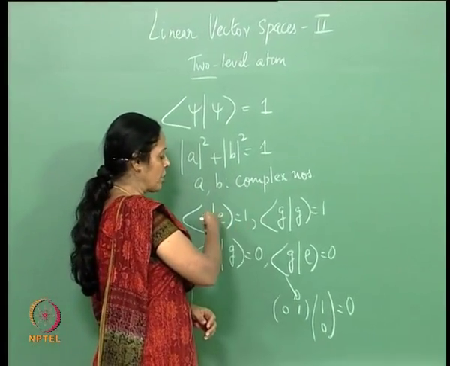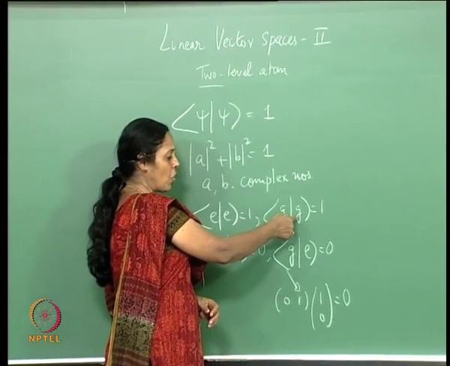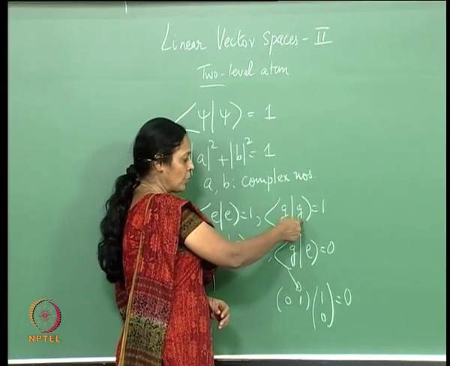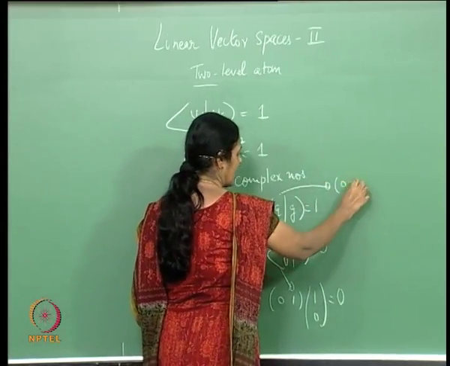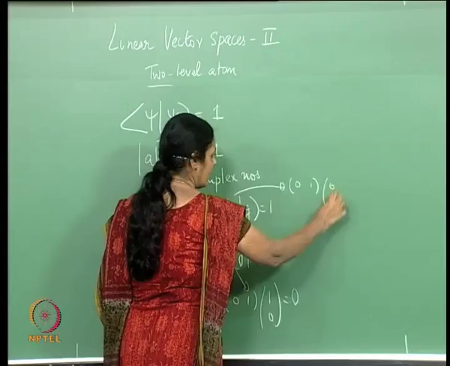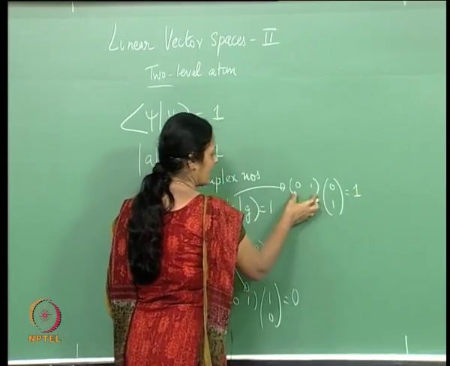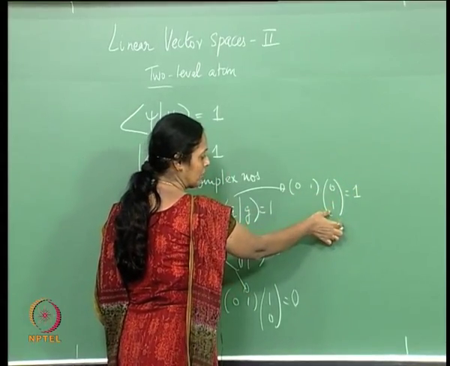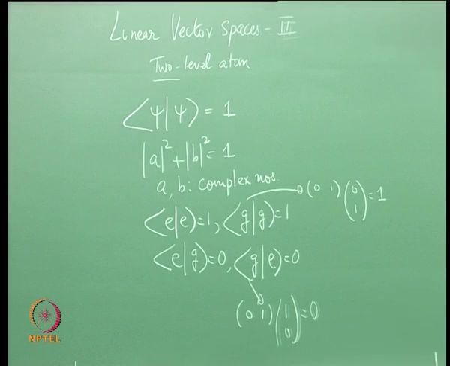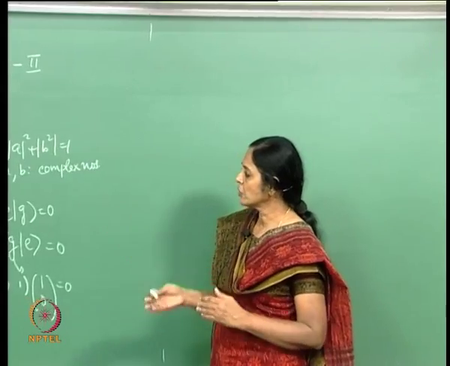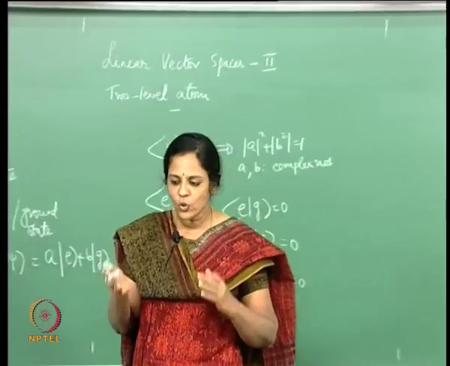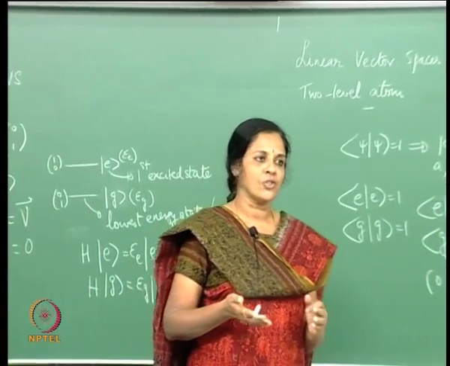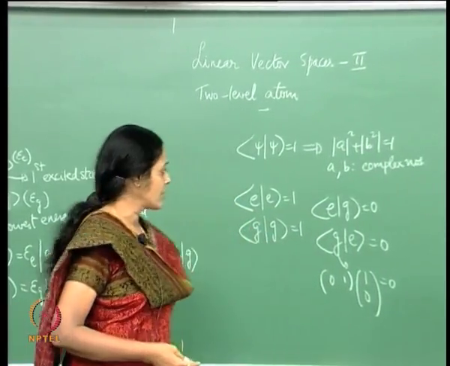I could give matrix representations for all these and obtain for you, for instance, in this case, that the row (0 1) with the column vector (0, 1) is 1. So, I have this orthonormal basis, and these basis vectors are chosen in the context of this physical situation to be the energy eigenstates of the atom.